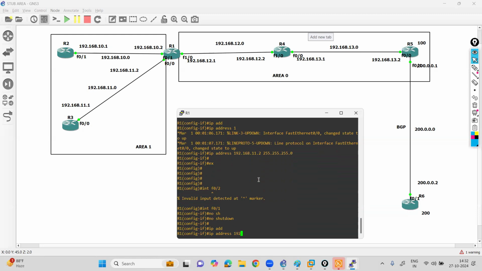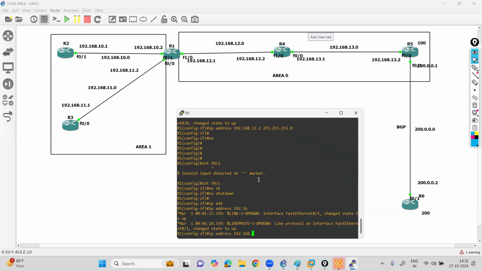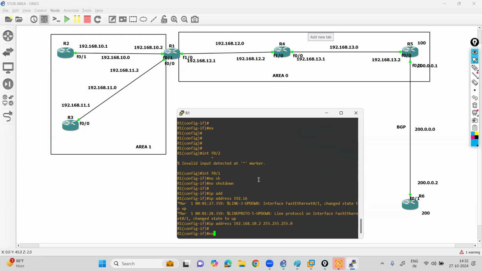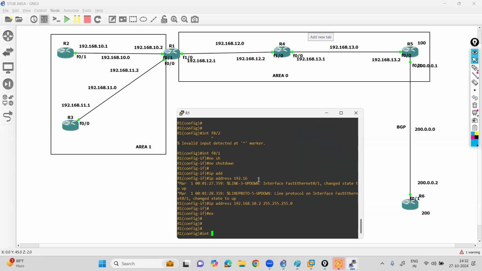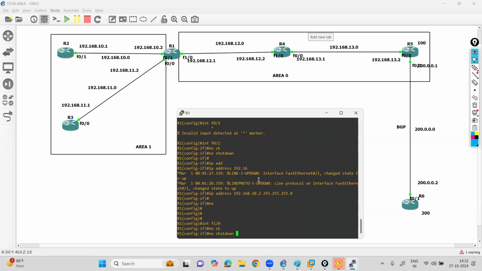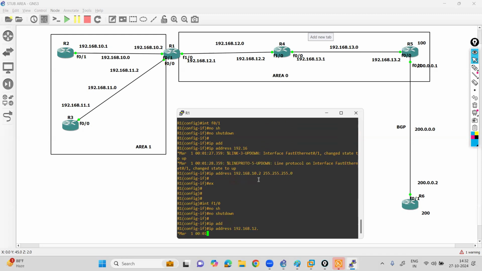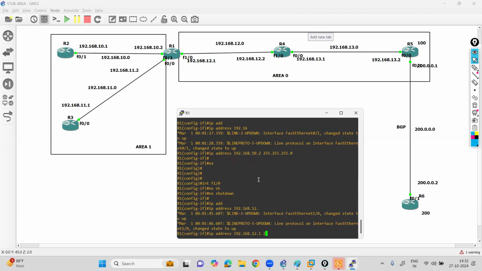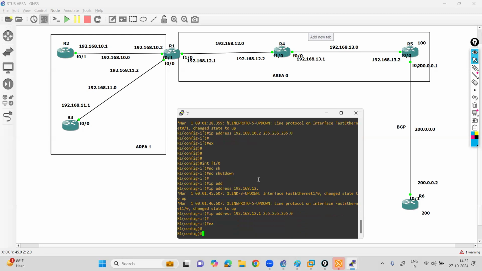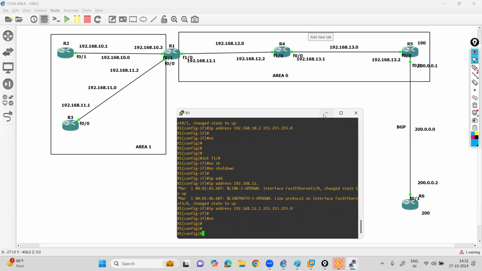IP address is what? 192.168.10.2 and 255.255.255.0. Next interface is interface F1/0, no shutdown. IP address is what? 192.168.12.1 and 255.255.255.0. Okay. Let's go to router number 4.